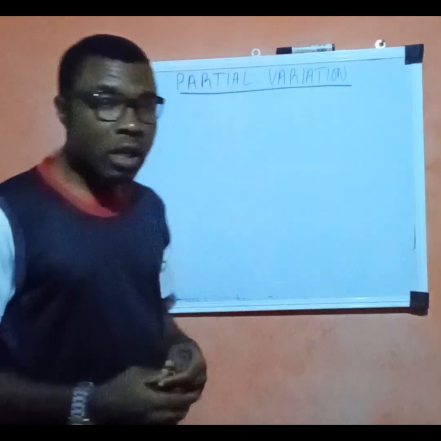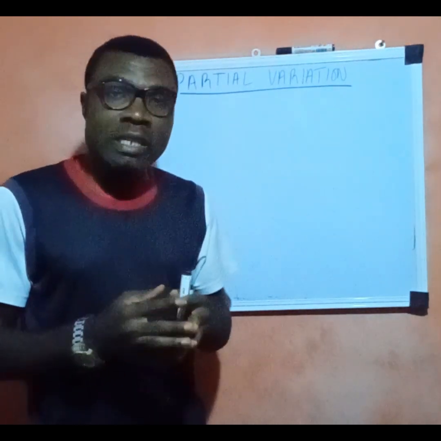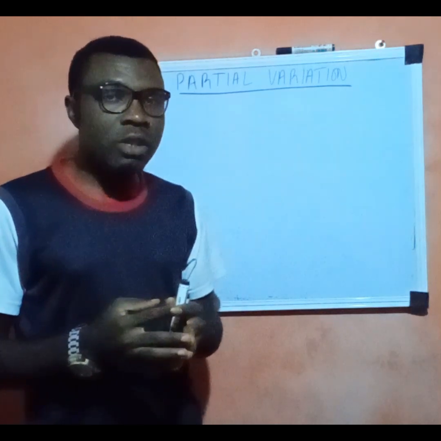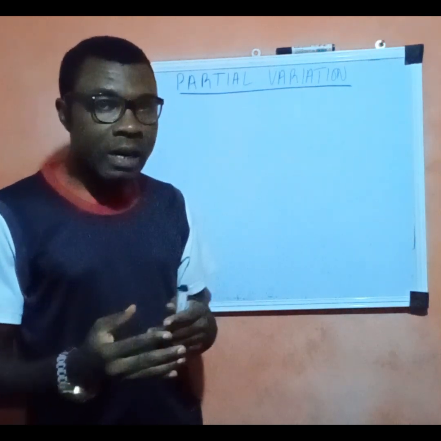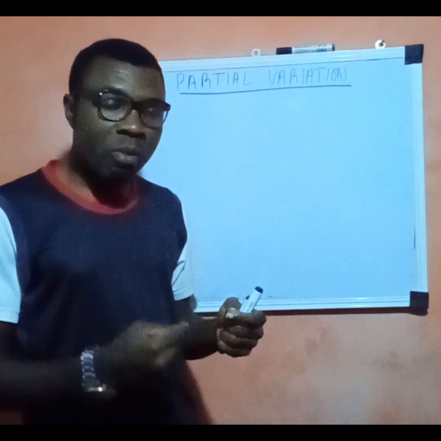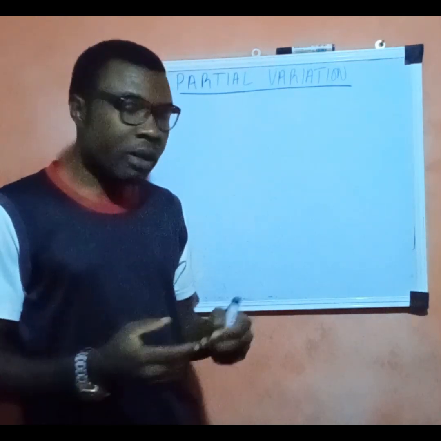Partial variation here, the characteristics of this type of variation is that you are going to have at least two constants, and then the relationship between variable is neither direct nor inverse. That is, a quantity does not completely determine the other quantity. It affects it, but not completely.